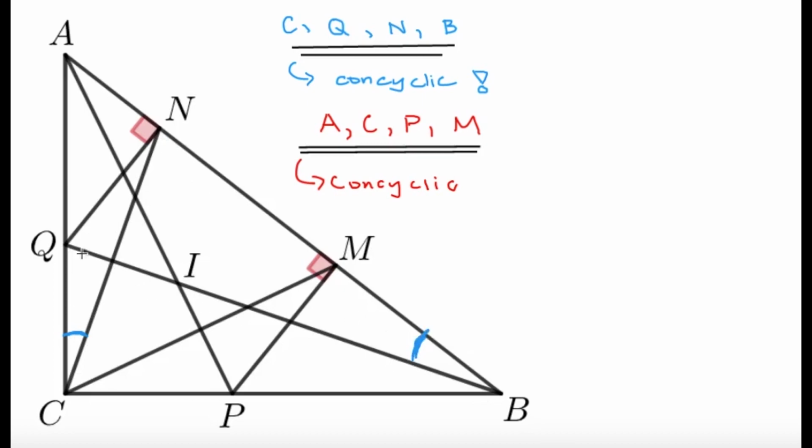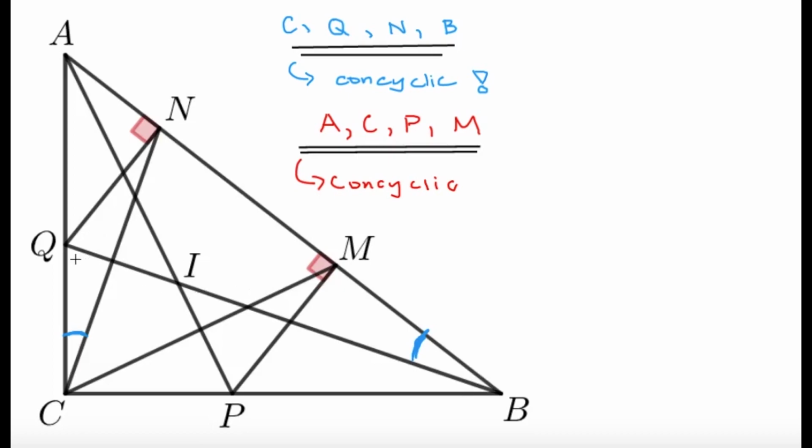If I draw the circumcircle of quadrilateral CQNB, these two angles intercept the same arc, so they should be equal. What's nice about this is that angle NBQ is 1/2 of angle B.